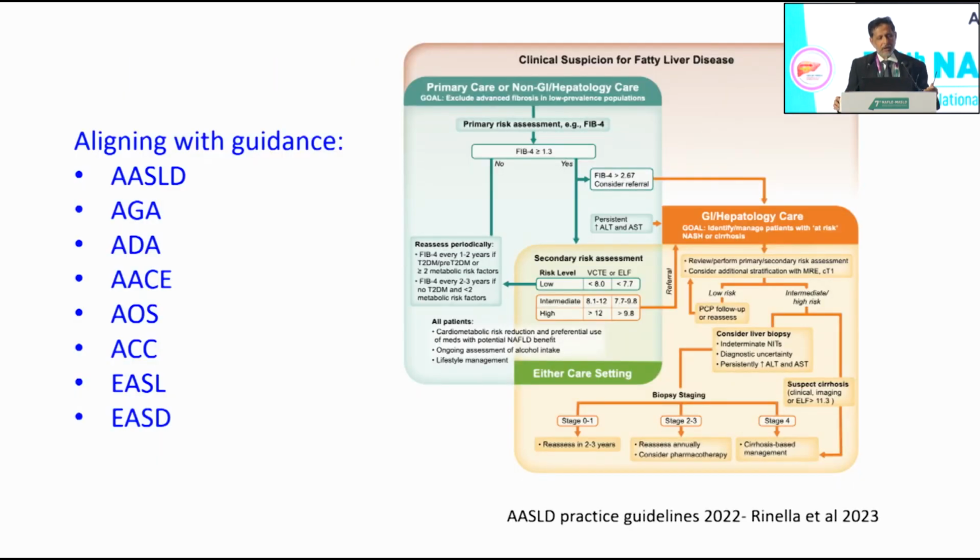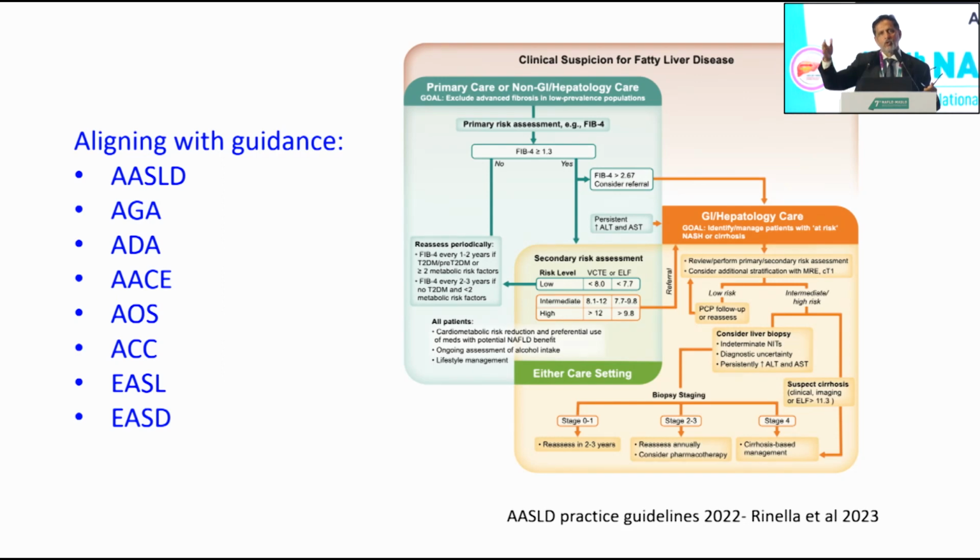There are now about 8 or 9 different society practice guidelines, and they all essentially mirror something we proposed about 10 years ago, where the principle was that prognosis is linked to fibrosis. We use FIB4 as a simple cutoff. A FIB4 of 1.3 is a line below which there's a high negative predictive value. Positive predictive value is very poor.